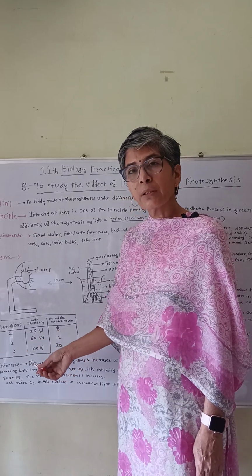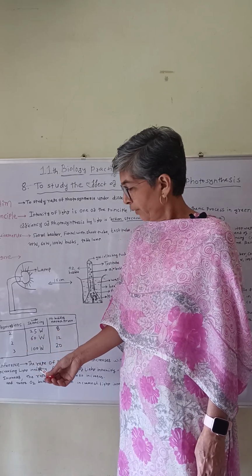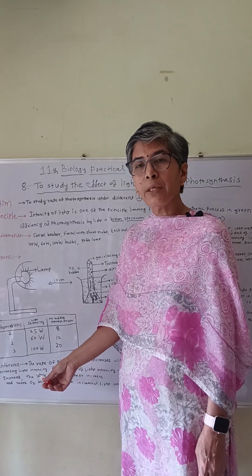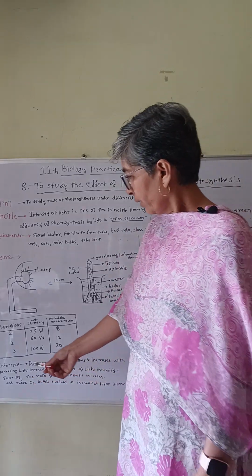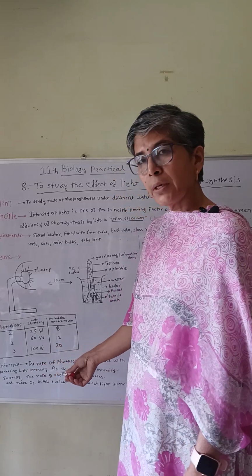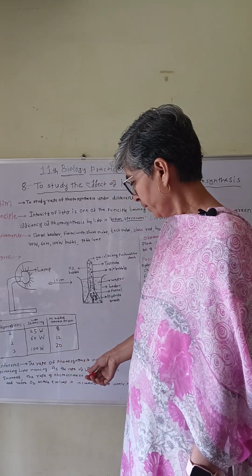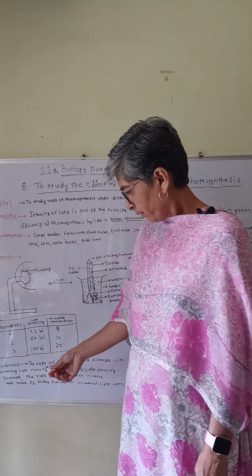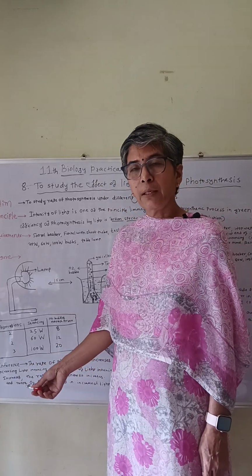From this observation table, we get this inference. You have to write: the rate of photosynthesis increases with the light intensity.